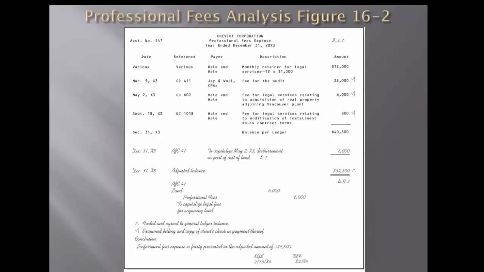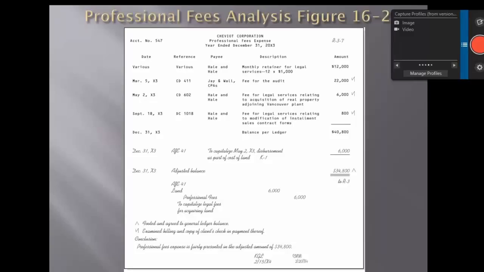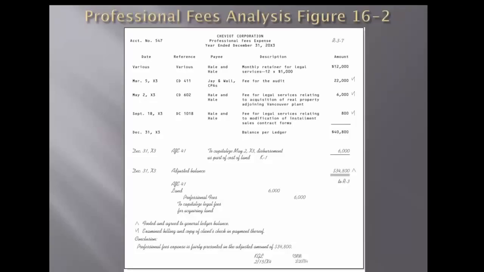Okay. Another example of ticking and tying. You'll notice here that we have very specific tick marks, and these specific tick marks are related to specific comments as we are going through this.